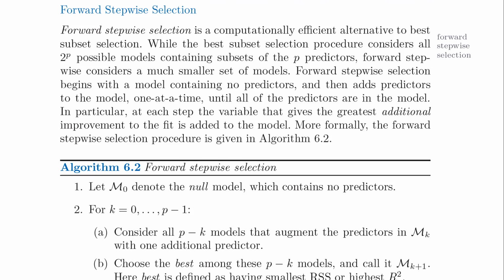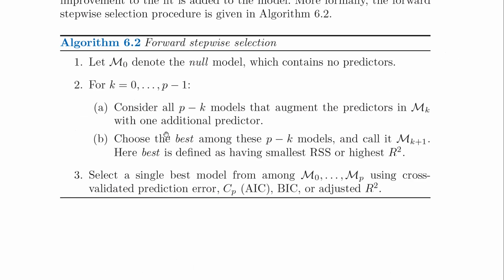Forward stepwise selection begins with a model containing no predictors, same as best subset selection, and then adds predictors to the model one at a time until all of the predictors are in the model. In particular, at each step, the variable that gives the greatest additional improvement to the fit is added to the model. More formally, the forward stepwise selection procedure is given in this algorithm.